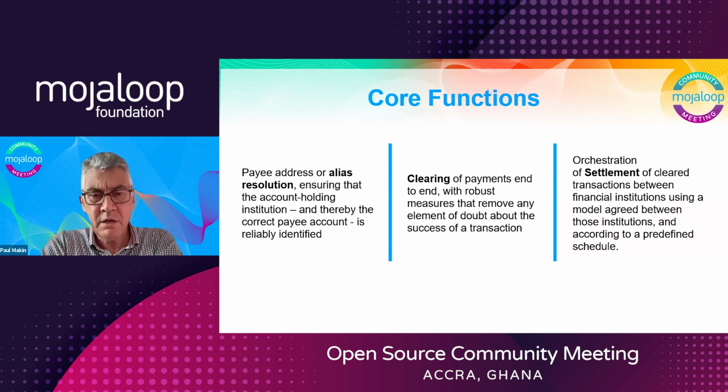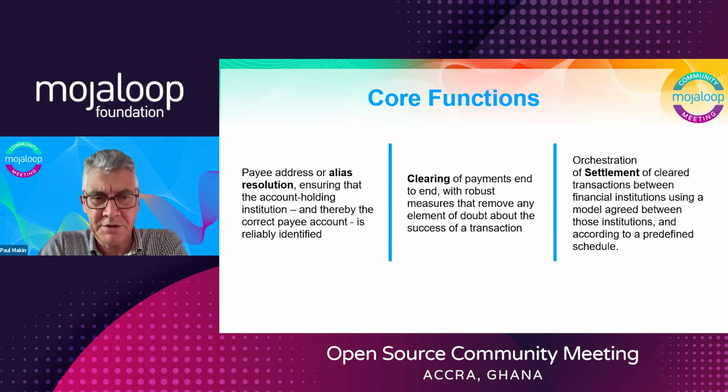And finally, the orchestration of the settlement of cleared transactions between financial institutions and according to a predefined schedule. That's where the money actually moves. So the clearing is just the payer saying that they are definitely going to pay, and the payee being assured by both the payer and Mojaloop that the money is on its way.